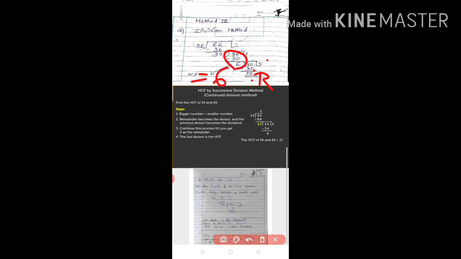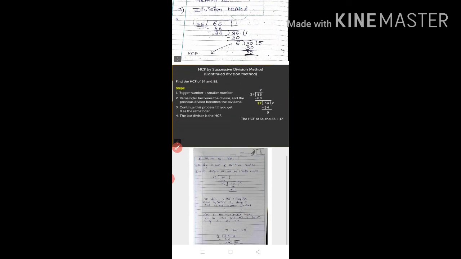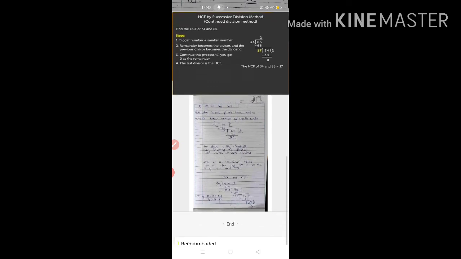Now in all the three methods, the numbers were the same. Find the HCF of 36 and 66, and in all of them you got the HCF as 6. So my dear children, you have got the answer. Now I have given some extra examples. HCF by successive division method, continued division method, these are some of the steps which you will follow.